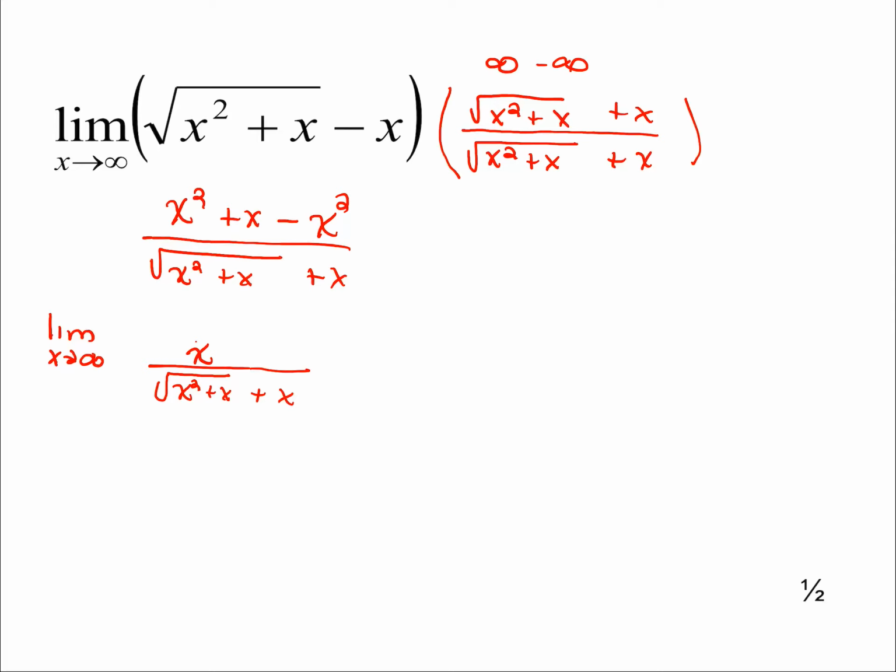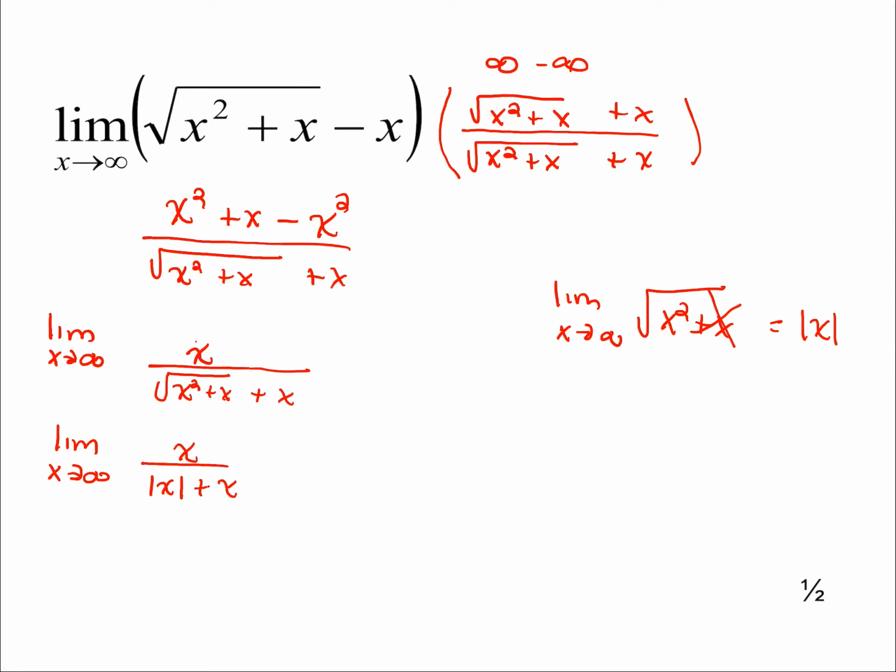So the limit as x approaches infinity of the square root of x squared plus x. Recall that as this goes towards infinity, this becomes negligible. And the limit of the square root of x squared we talked about earlier is the absolute value of x. Okay? So I have the limit as x approaches infinity of x over the absolute value of x plus x.